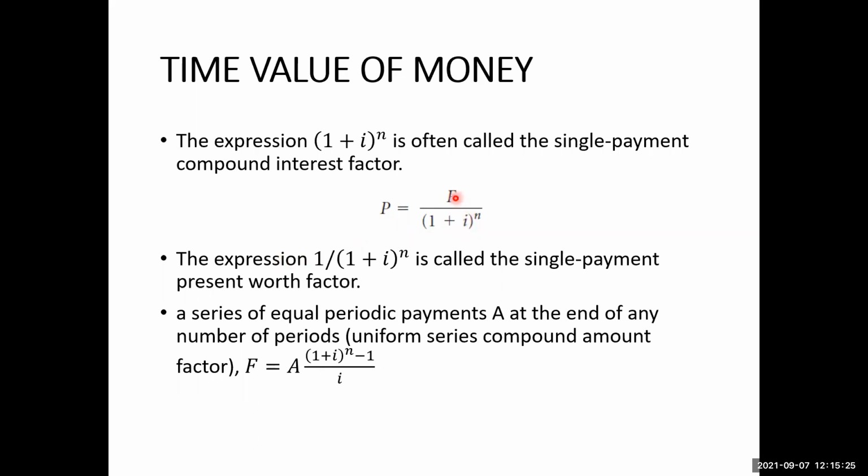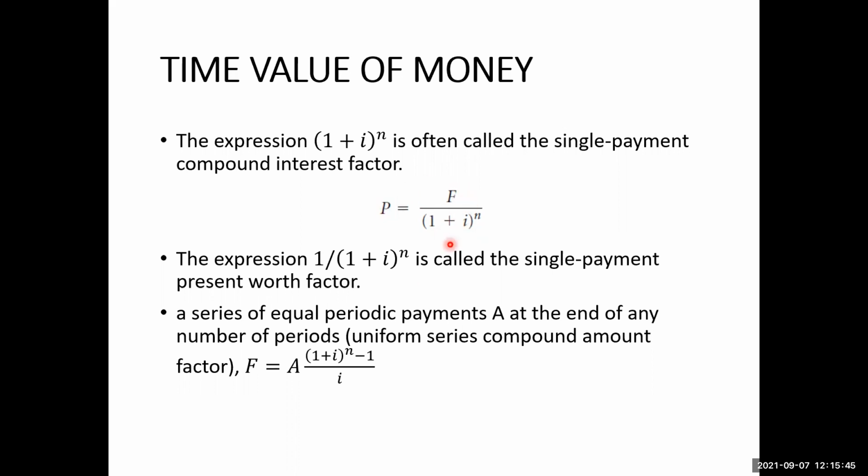If you take this factor 1 over (1 plus i) to the power n out from this equation, it is called the single payment present worth factor. Why do we call it present worth? Because it calculates the present value of a future amount.